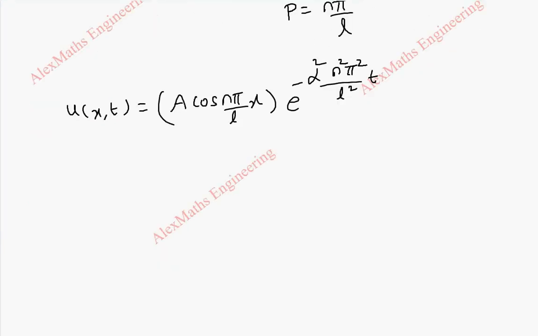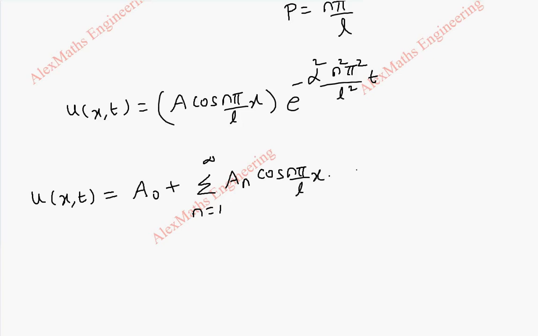Thus we got the general solution u(x,t) as, we have to write a constant a₀, then the summation n from 1 to infinity of aₙ cos(nπx/L) e^(−α²n²π²t/L²).